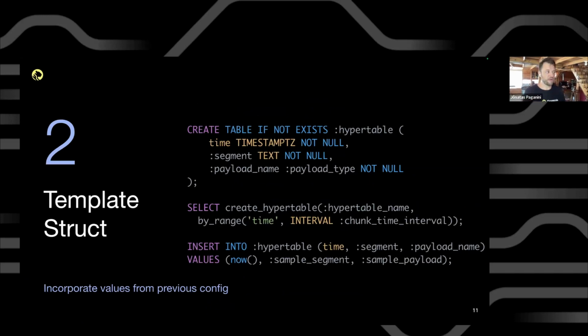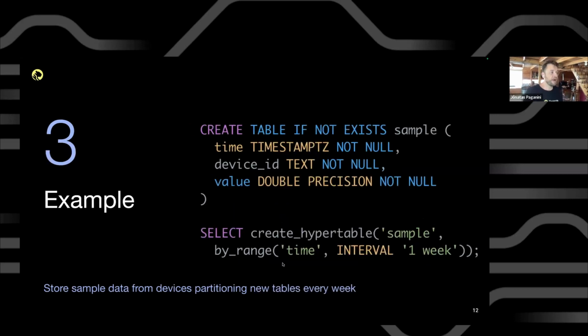So you can say column hypertable, column segment, column payload name, and so on. And that's how we can incorporate the values. And binding the values, it will just be like sample, the table name, device ID, and so on. So what we get from this type of configuration is these automatic bindings, and then we can avoid repeating ourselves in the next configuration.